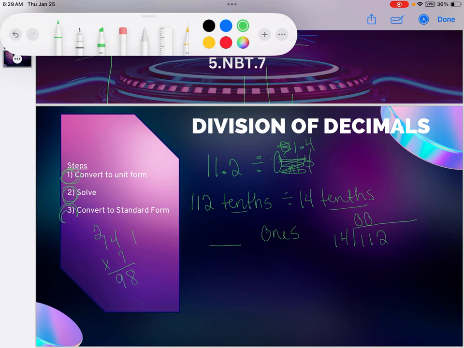I can go higher. 14 times 8. Oh, 112. So here's my 8. 8 times 14, 112, subtract, and get that 0, and here's my 8 ones. So my answer here would be 8. All right, I hope this helps.